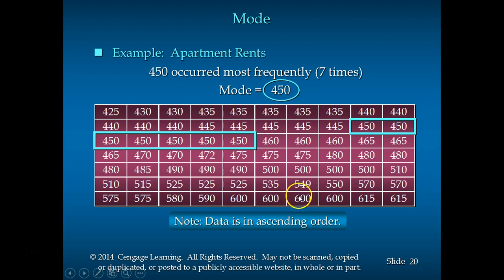So about the 90th, we're about 600. These are the top 10 percent of values here, and the 600 is the first one of the top 10. This is the 90th percentile. Then the 98th percentile, or something, will be 615. It will be one of the last ones. On the other hand, the 10th percentile will be about 435.